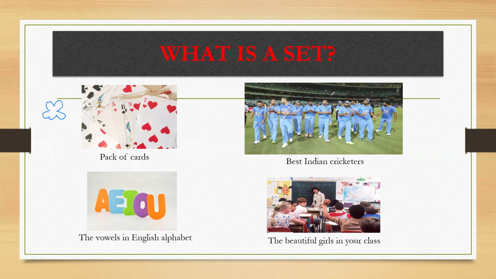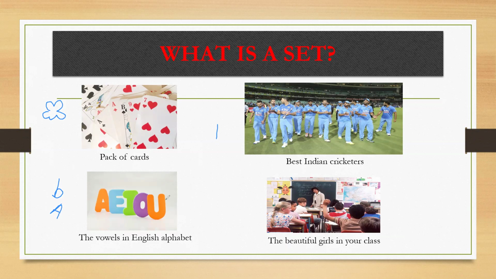So here we cannot say thoroughly whether a given cricketer belongs to this collection or not, right? But here, if I am given any English alphabet, say I am given B, then clearly I can say that this B does not belong to the collection of vowels, right? And if I am given A, then I can clearly say that this A belongs to this collection.